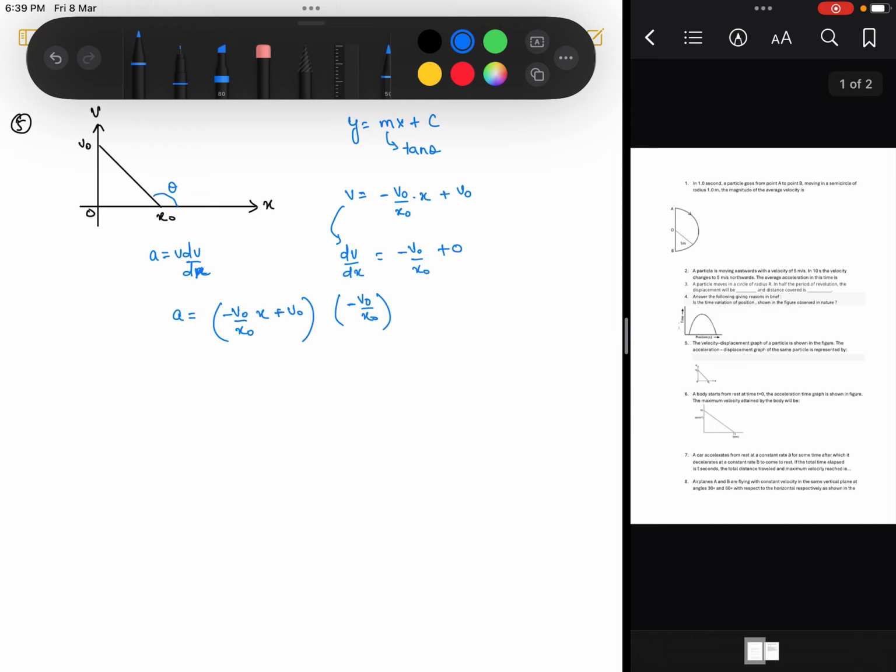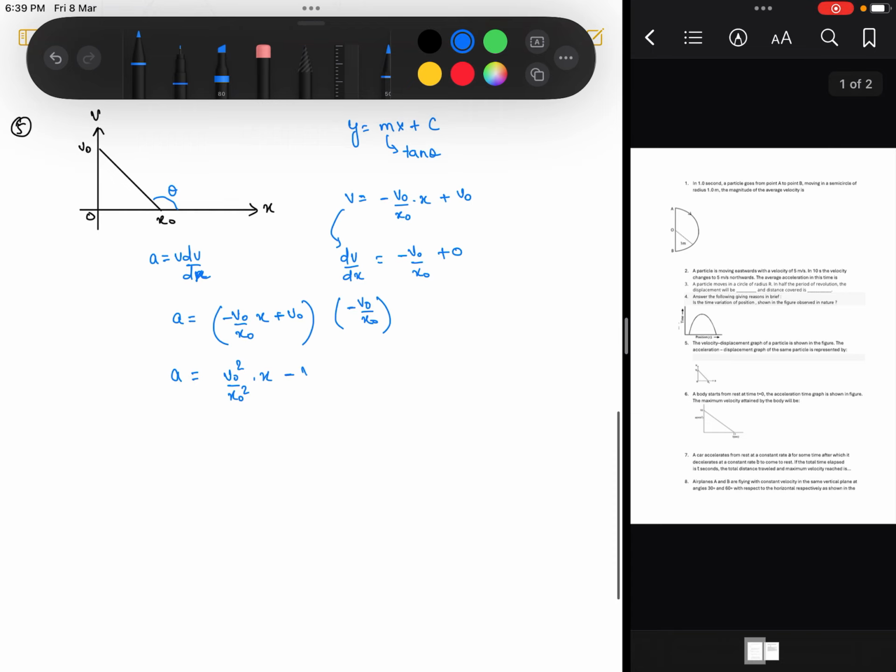So we'll be getting a direct relation between the acceleration and the displacement, that is equal to v naught square by x naught square dot x minus v naught square by x naught.